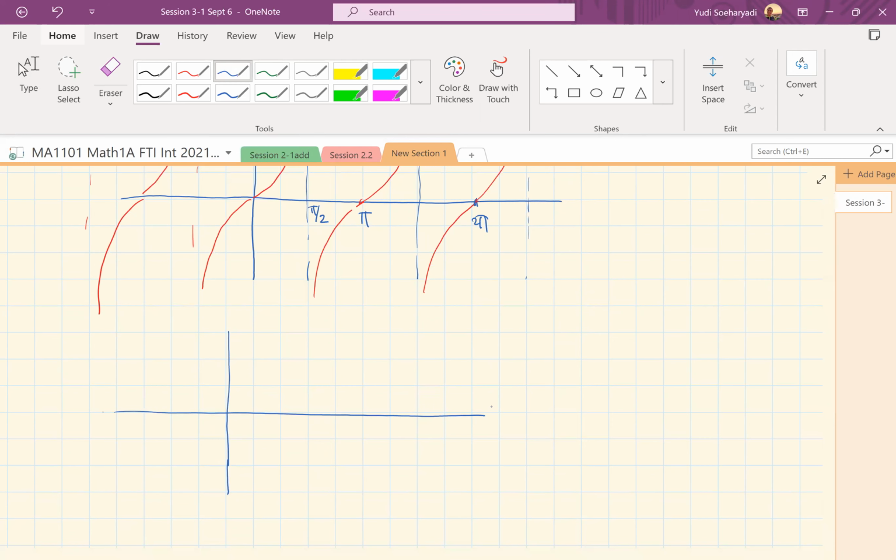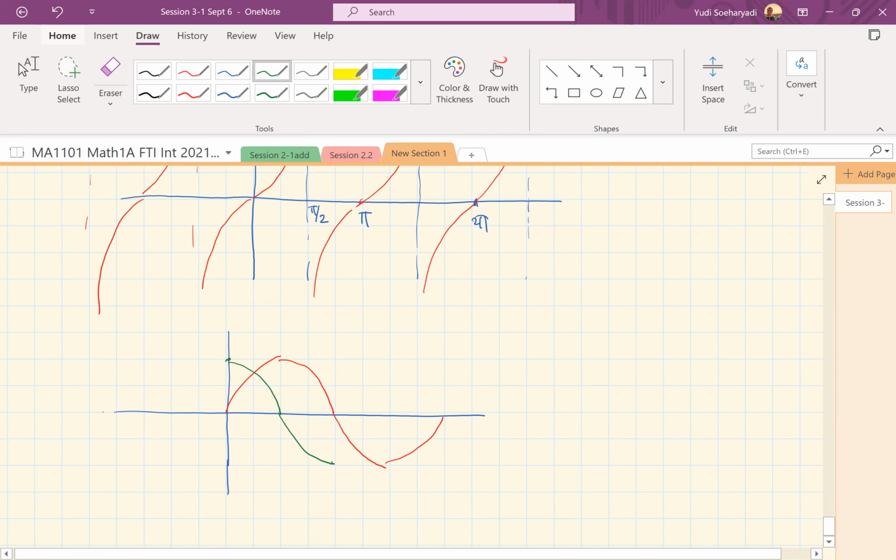This is cosine, and the red one is sine.